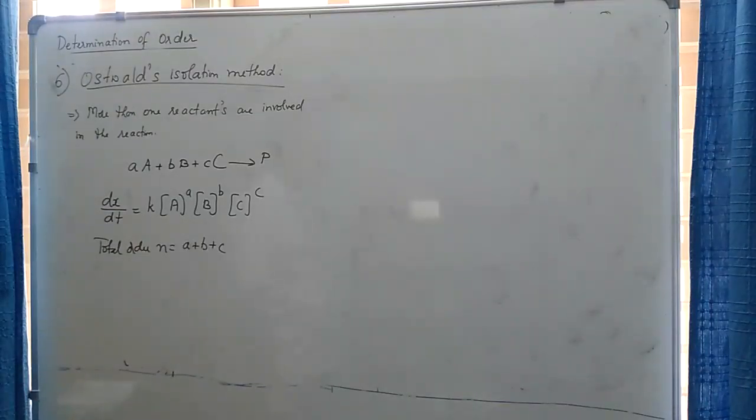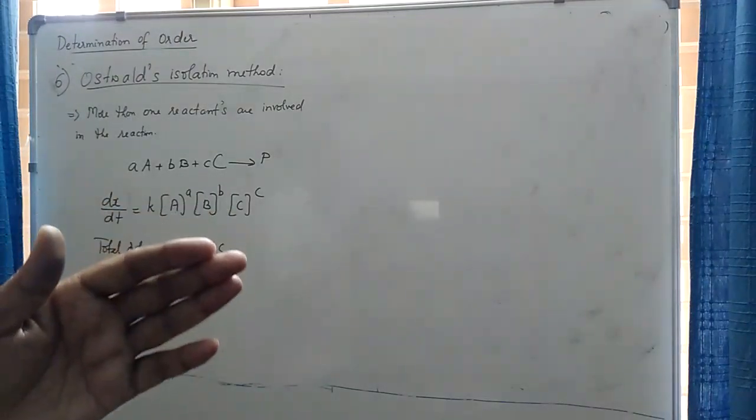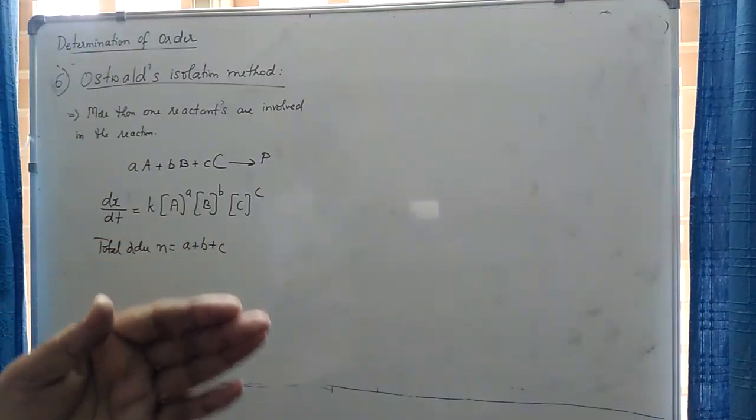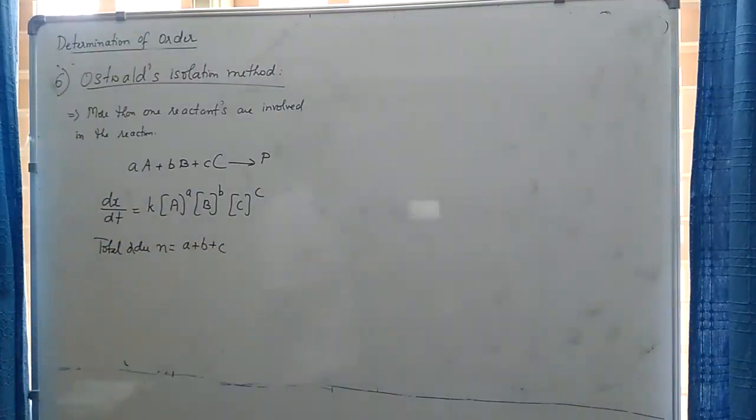In the first case where the order was equal to 1, the rate decreases with respect to the concentration of A gradually. Whereas in the second case where the order of the reaction was 2, the rate decreased as the second power of A. So the rate decreases much faster with respect to concentration of A.